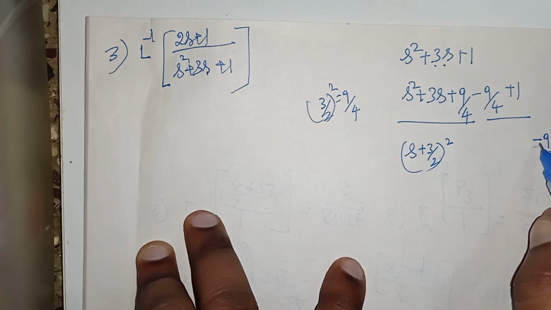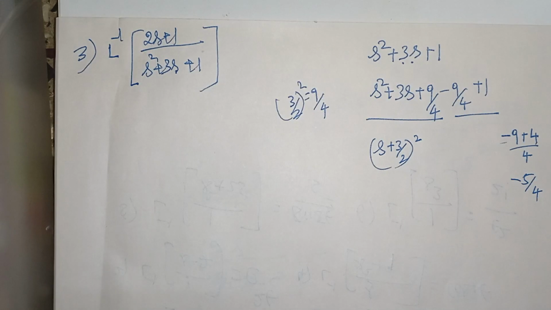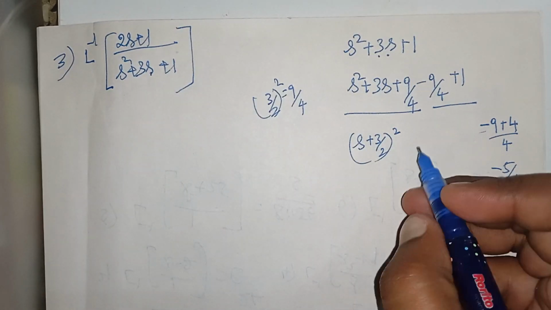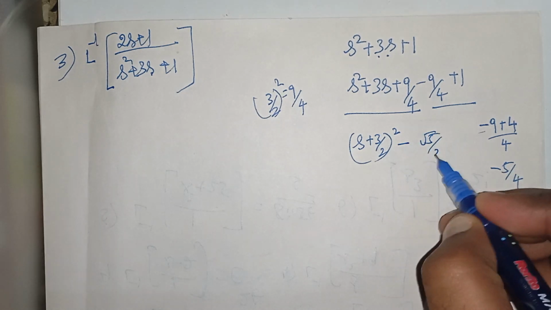So it is minus 5 by 4. So basically you are writing it as minus root 5 by 2 whole square.